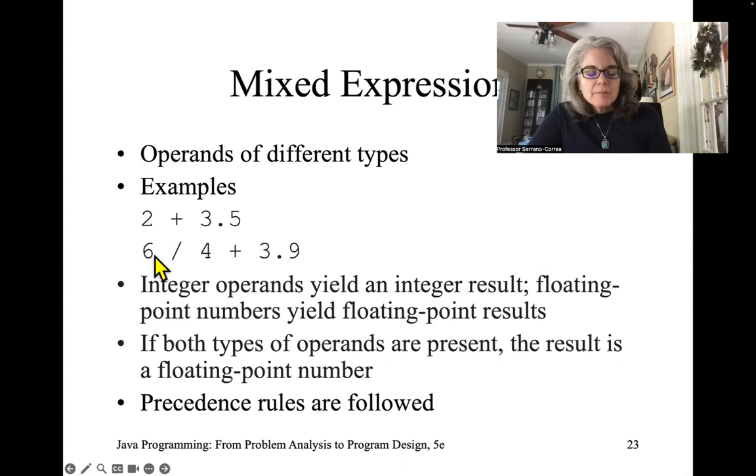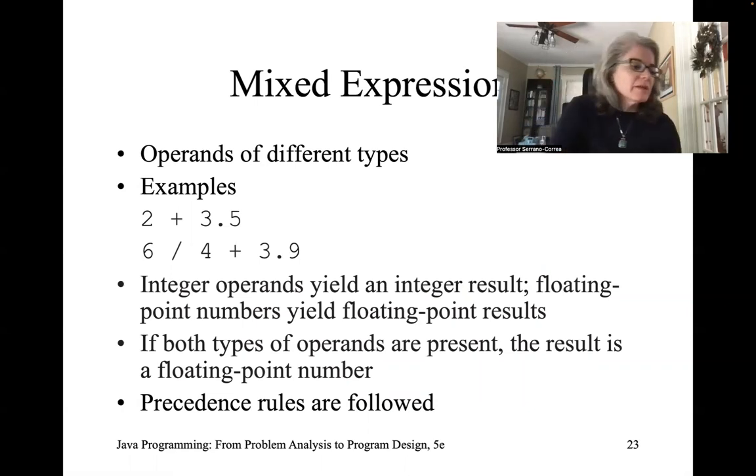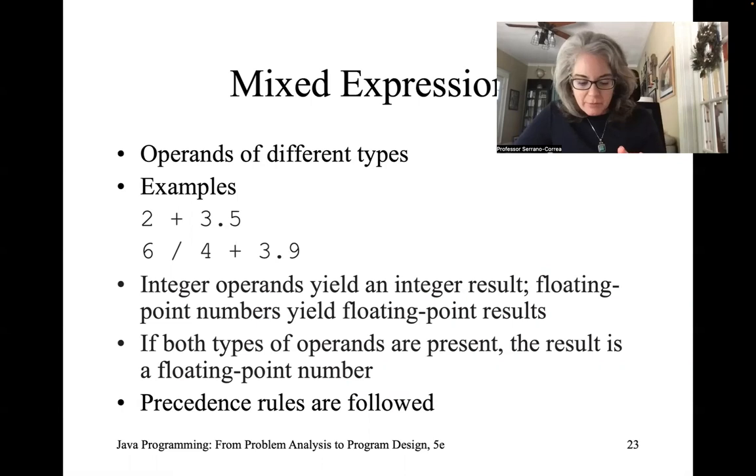If you were to divide 6 by 4, it's going to give you a floating point number, right? 4 goes into 6 one time with a remainder of 2. And if I get my calculator and do 6 divided by 4, it would equal 1.5.